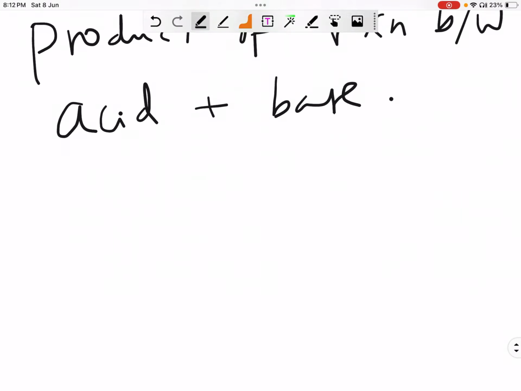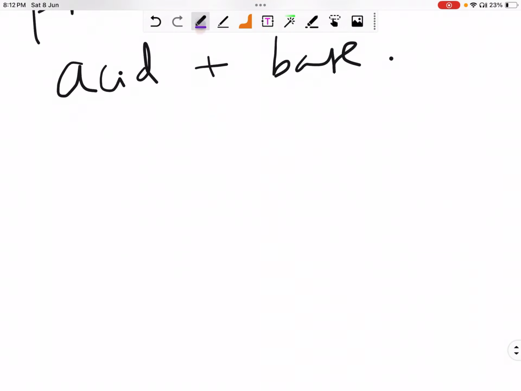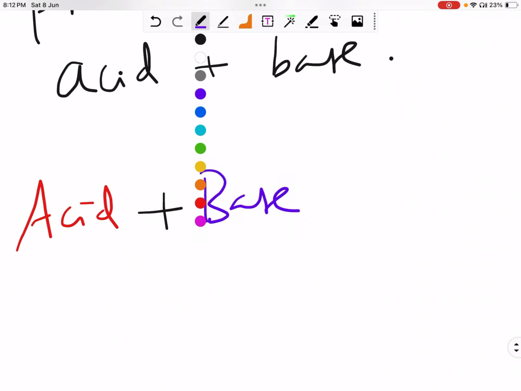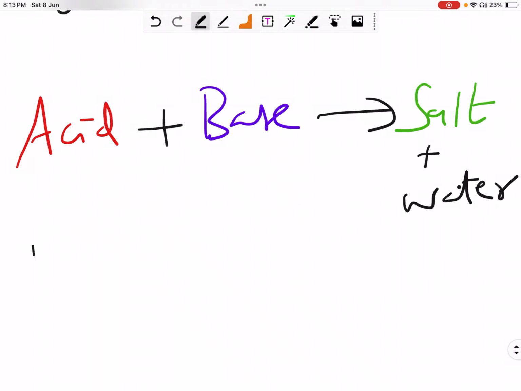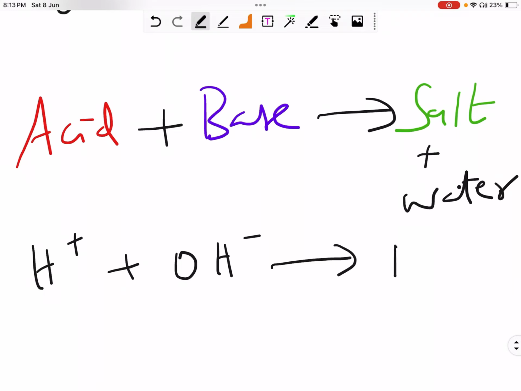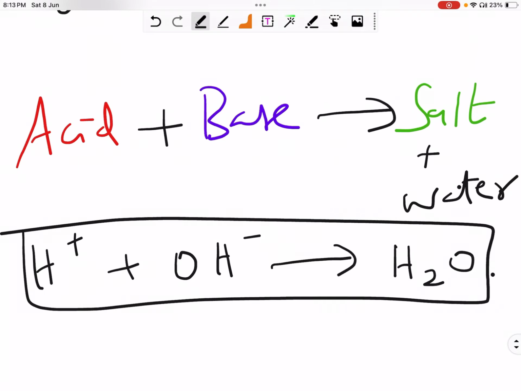For example, if an acid reacts with a base, it gives salt plus water. You can easily depict that as H plus and OH minus gives H2O. This is a simple understanding that you can take.